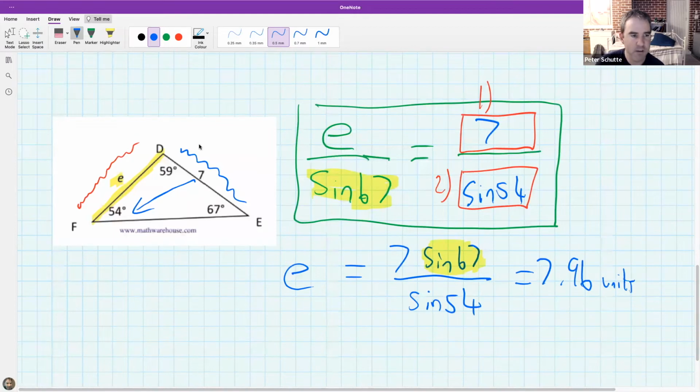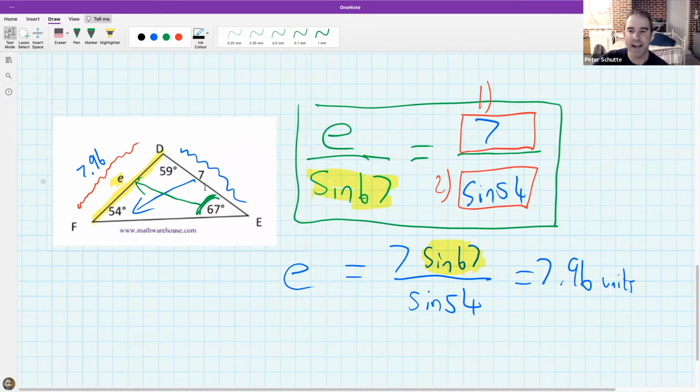So you've worked out that this side is 7.96. Now, guys, that makes me know that I'm on the right path, because one of the things about a triangle is the biggest side is always opposite the biggest angle. I could see that 67 is the biggest angle, and so the fact that my E is greater than 7 makes me feel good that I'm on the right track.